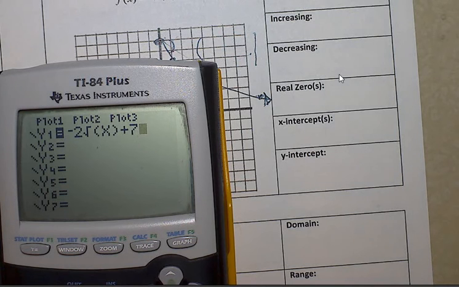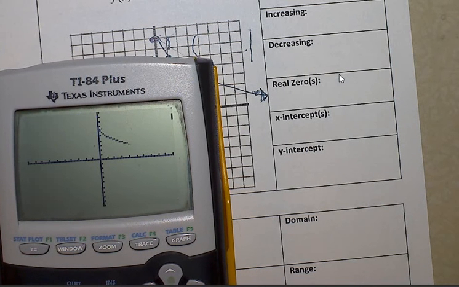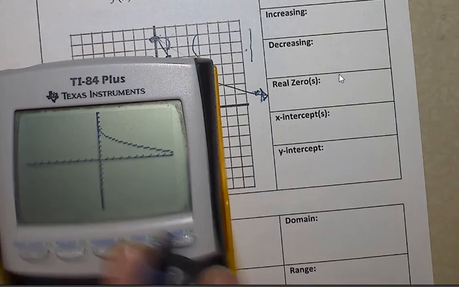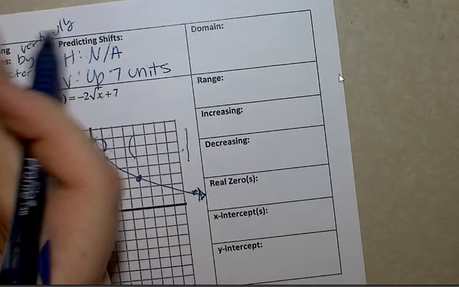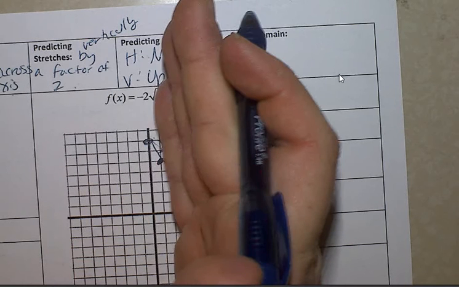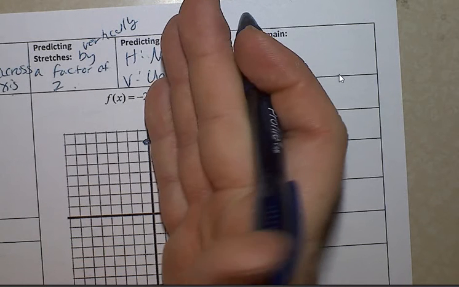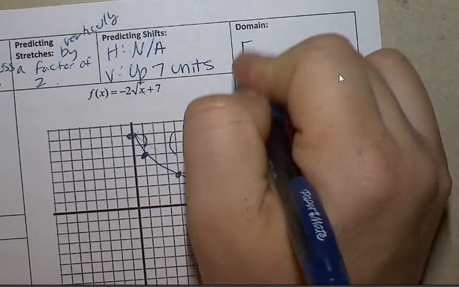Okay, good? Does it look similar to ours? Yes. Okay, here we go. So now let's go back and finish these up. So domain is x's. Where does it start? What's the first x value it starts on? Starts on 0 and it's touching 0 and it moves to the right.